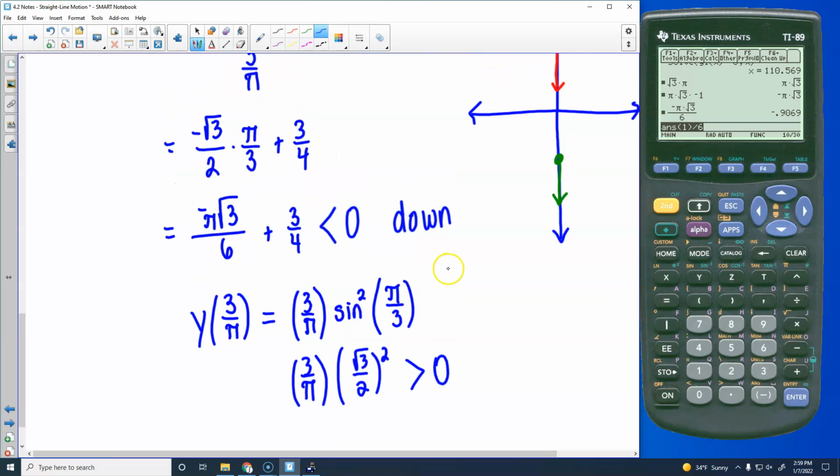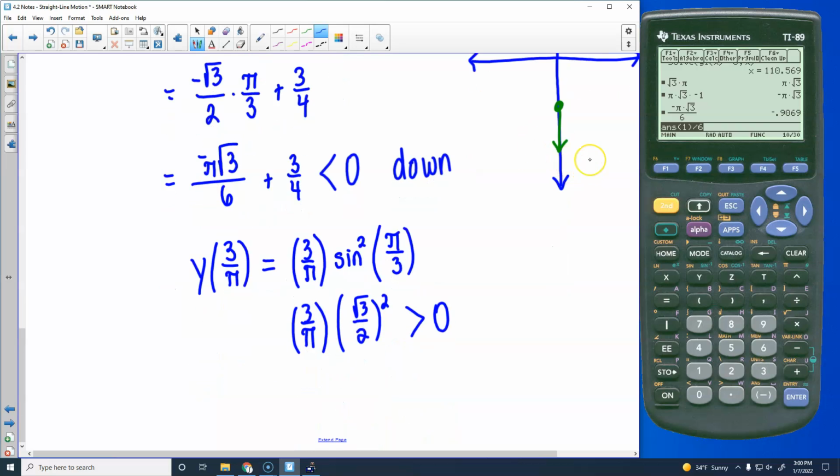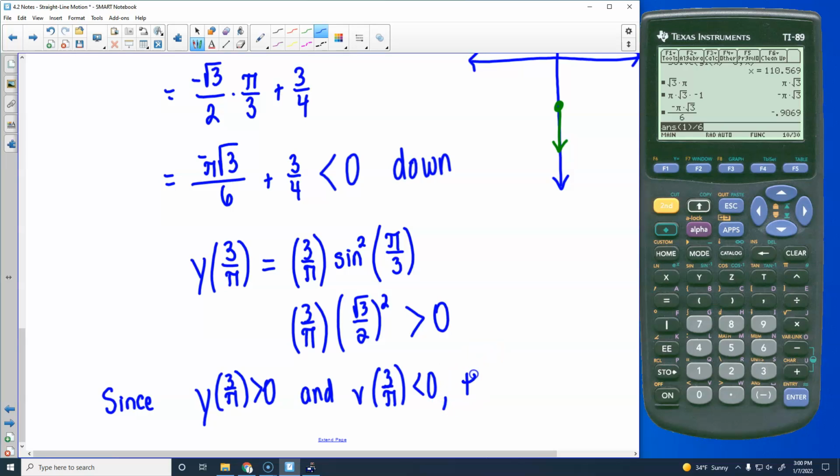So, which situation do I have? The red arrow or the green arrow here? Red. Because I start above the x-axis, I'm positive, but I'm moving down. So you would say since y of 3 over pi is greater than 0 and v of 3 over pi is less than 0, the particle is moving toward the origin.